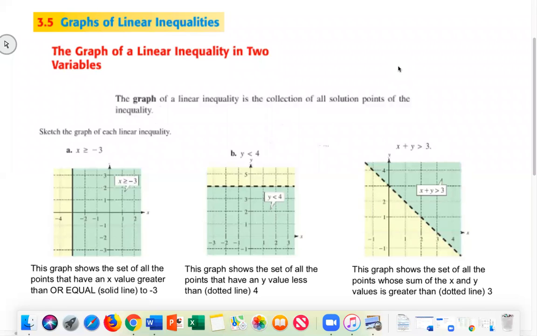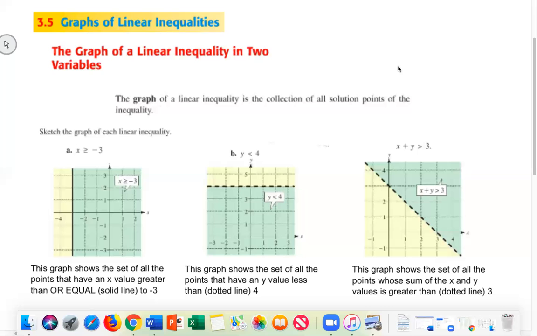An open circle became a dotted line, right? And a closed circle became a solid line. So now you're going to have to worry about that. When you're graphing, be conscious: is your line supposed to be dotted or solid? It makes a difference.